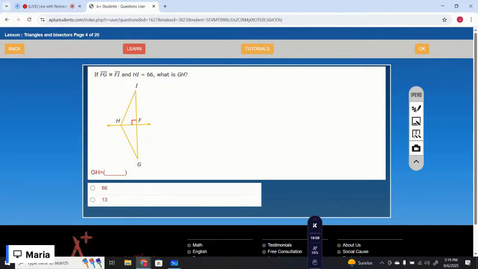If FG is similar to FI and HI equals 66, what is GH? IH is 66, then GH is also 66.